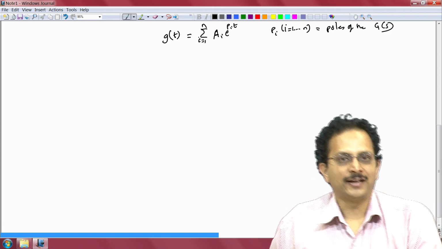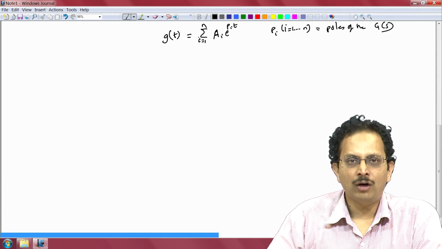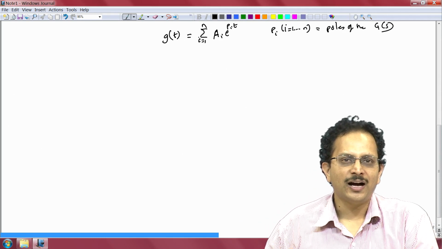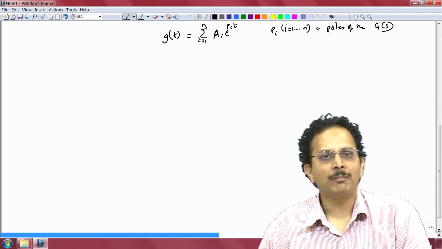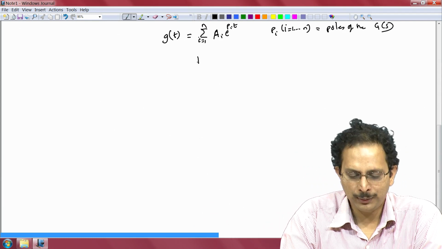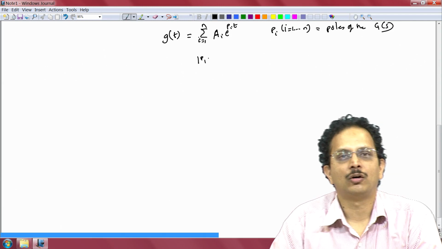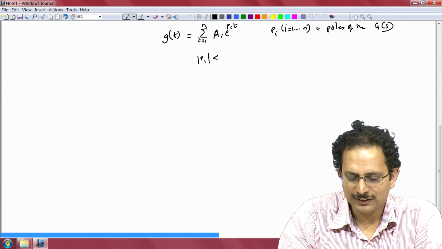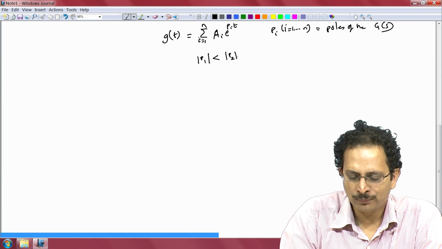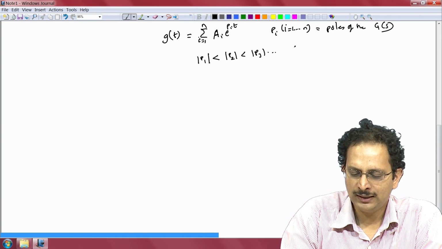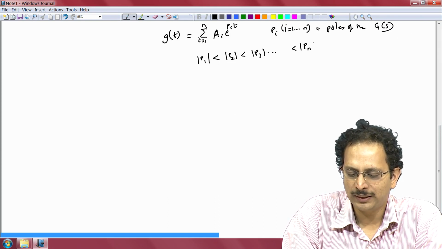Now, let us undertake the exercise of arranging these p_i's in ascending order of their magnitude. So, I shall assume that p1 is the smallest of the lot. So, the magnitude of p1 is less than the magnitude of p2, is less than the magnitude of p3, and so on and so forth, and the largest value is pn.